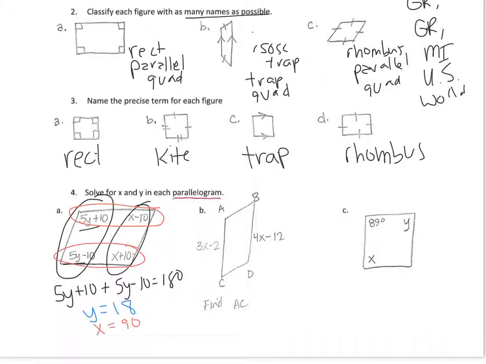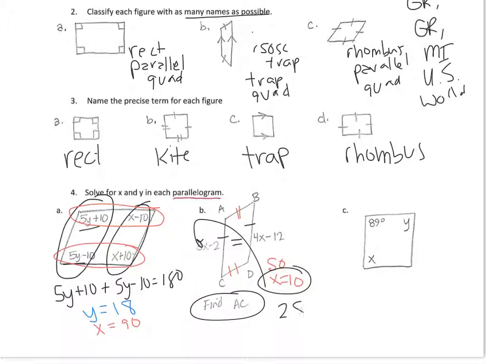I also know that opposite sides of a parallelogram are congruent, so I'm going to set 3x minus 2 equal to 4x minus 12 and solve for x. So x equals 10, but then be careful because the question is find AC, so you have to plug 10 back in. So it's 30 minus 2 is 28. AC is 28.